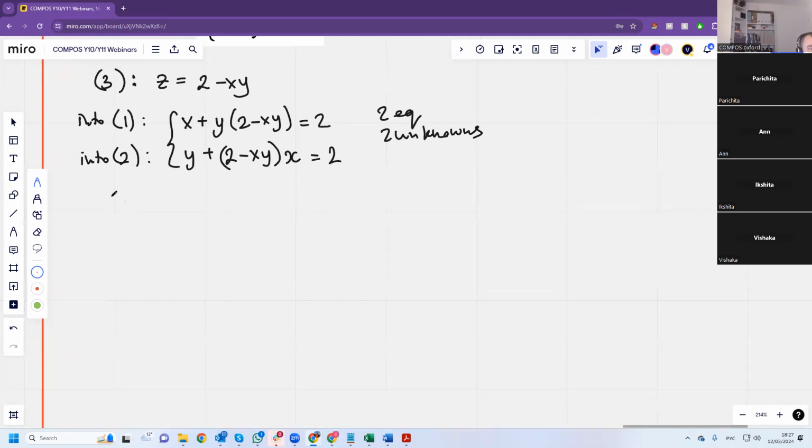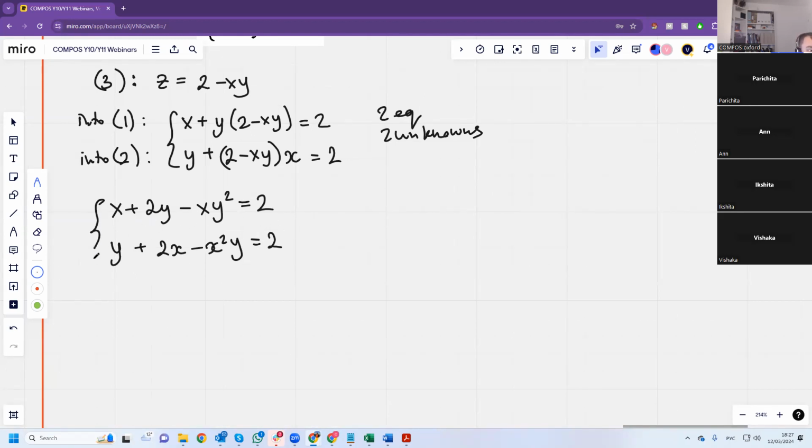So we'll open the brackets. So x plus 2y minus xy squared equals 2. y plus 2x minus x squared y equals 2. I'm guessing subtract.